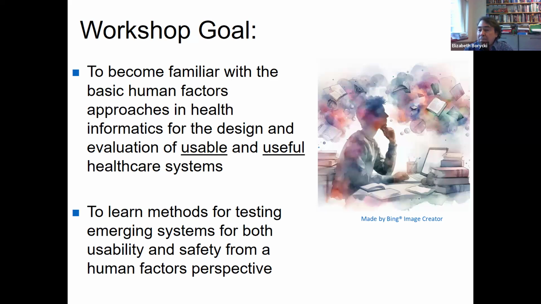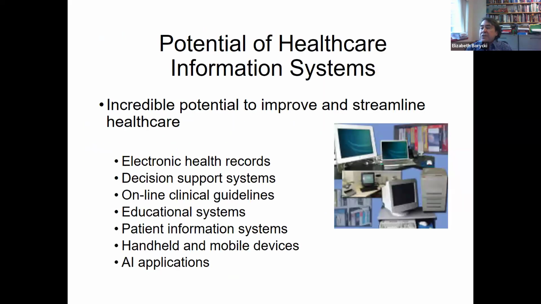And the other objective is to learn specific methods for testing emerging systems for both usability and safety from a human factors perspective. So we all know about the potential of healthcare information systems to improve healthcare, and it looks like we're depending on that a lot to improve things from the current situation in healthcare.